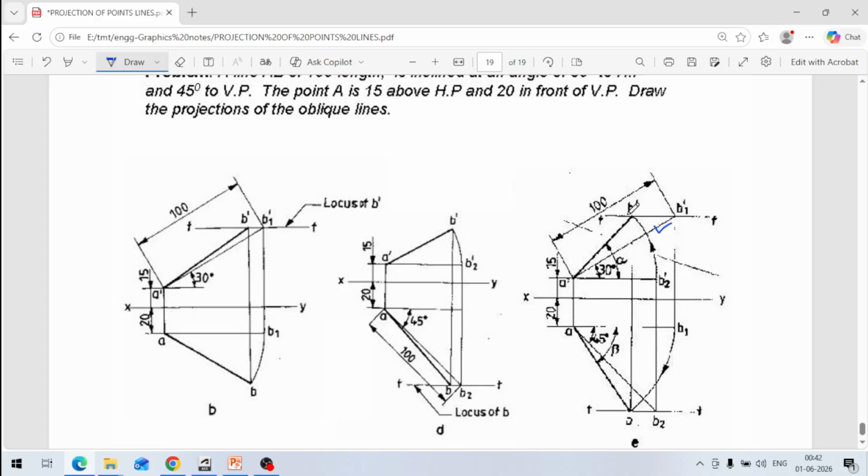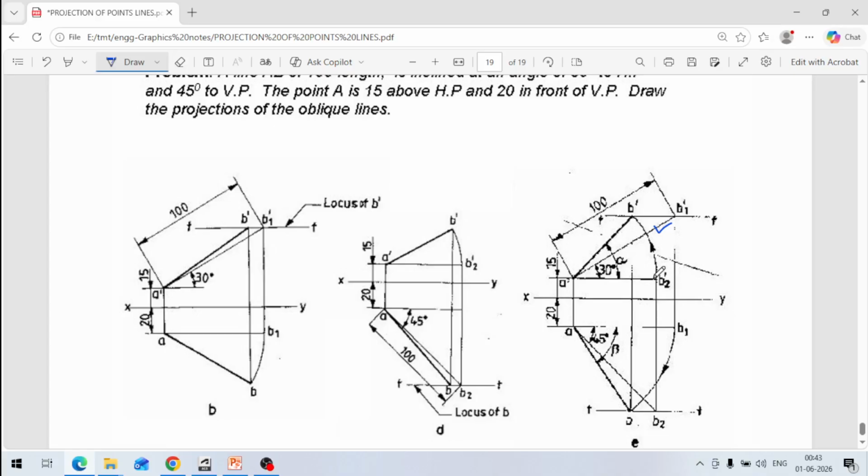When we meet this horizontal line with this arc, from that point I draw a line to A here. And this angle is alpha. So this angle alpha is the actual projection of the line in the vertical plane. This is the projection in the vertical plane.